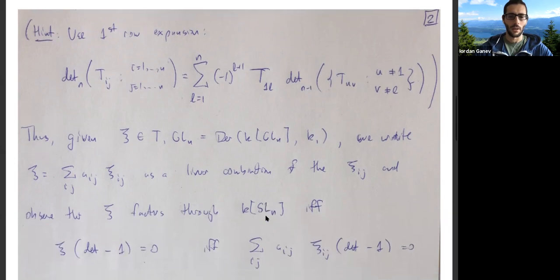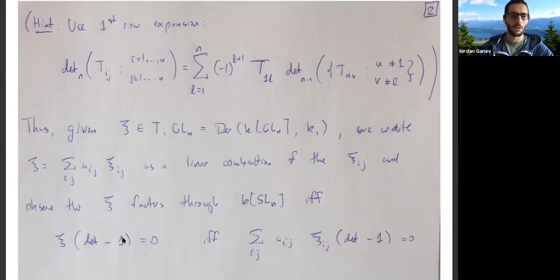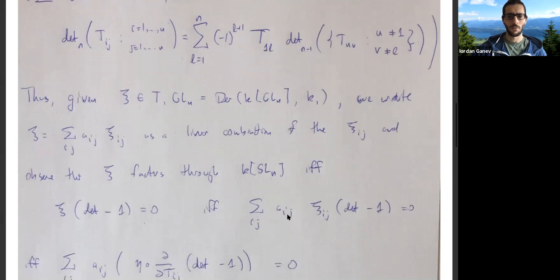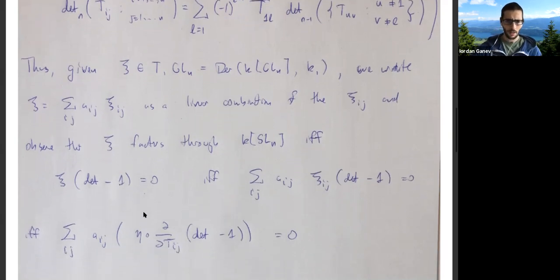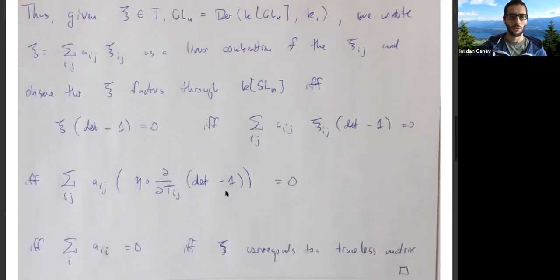Okay, and so that happens if and only if the kernel of that quotient map is killed by xi, and that kernel is generated by det minus 1. So we just need to verify that xi of det minus 1 is 0. That happens if and only if, so this is just the expansion of xi in terms of the xi ij's. This is just applying the definition of the xij's. And then if we do the partial derivative of a constant, that disappears.